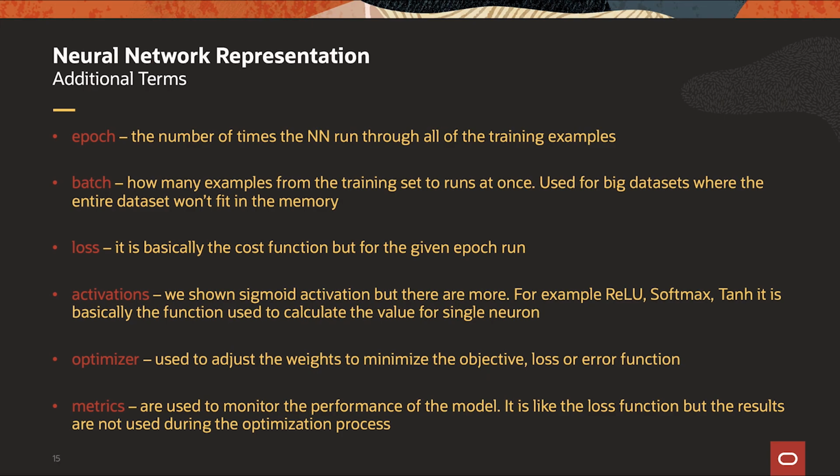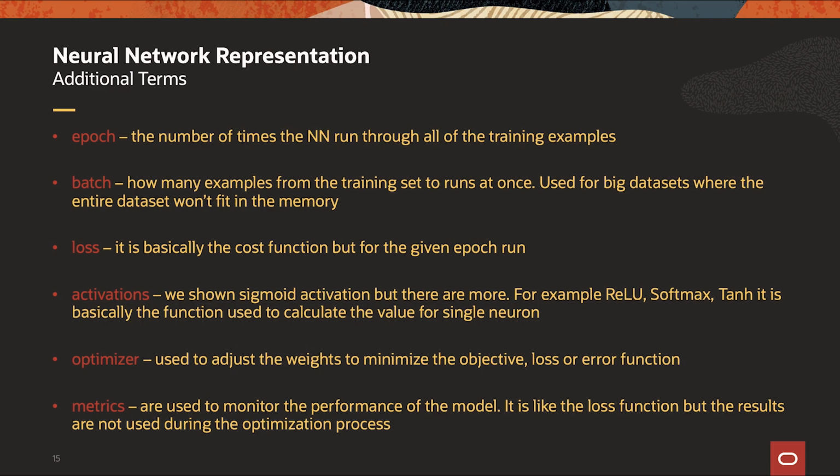Activations are the activation functions for the single neurons, and this could be sigmoid in our case, but could also be ReLU, softmax, and so on. The optimizer is used to adjust the weights and to minimize the objective, the loss, or the error function.